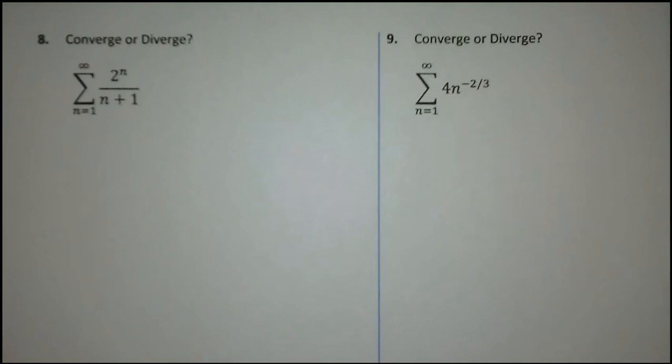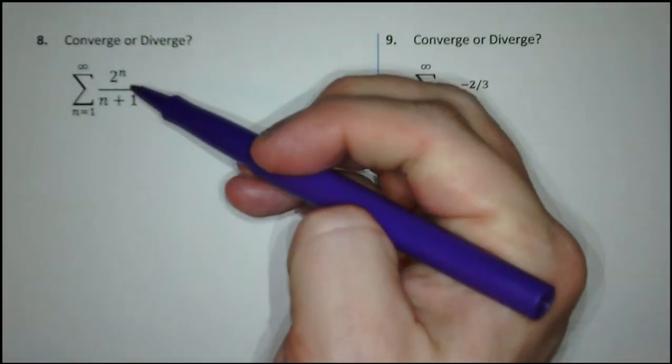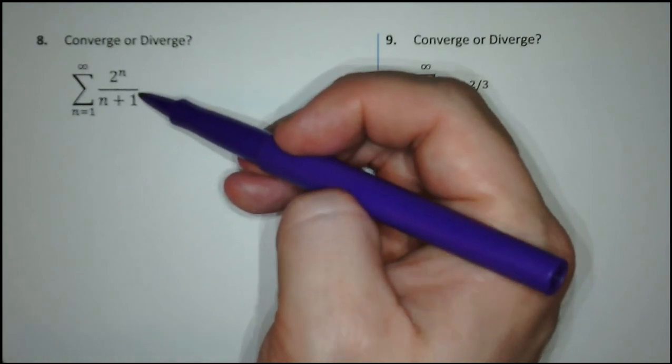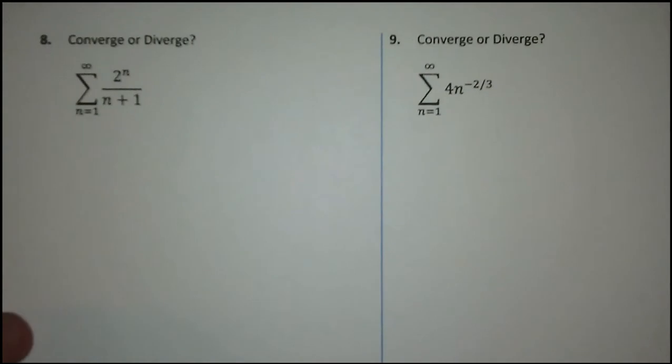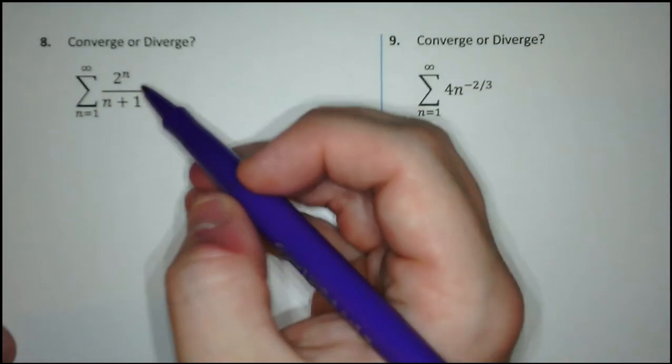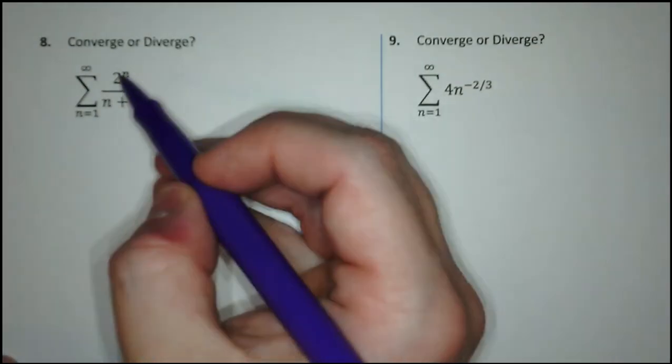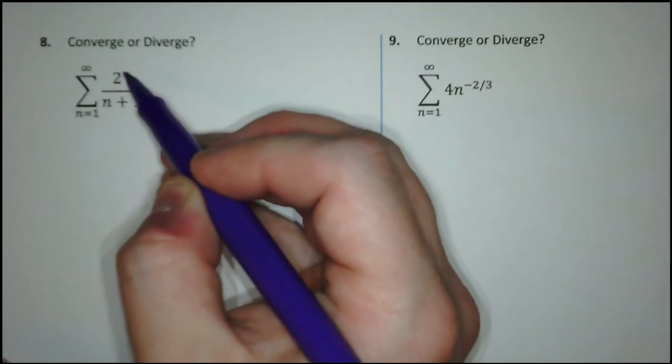Final page. Okay. So, let's see here. Nth term, it's not geometric. It's not a p-series. You know what, gang? I'm going to try ratio test. And my cue was this power.